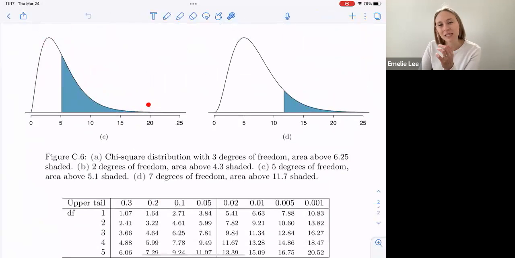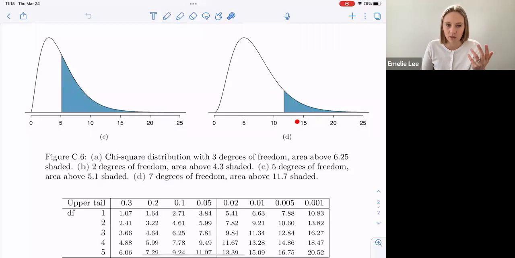Depending on how many categories you have, it slowly moves over and becomes slightly more normal, but not quite. Even with 7 degrees of freedom, you've only got this quick slope and then it's still quite skewed. So it'll always be skewed to the right, and our p-value is always going to be the area in the upper tail.